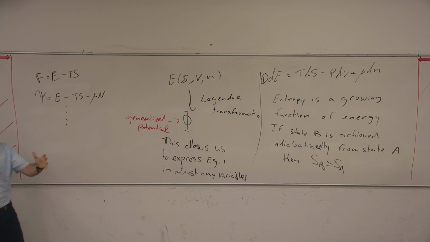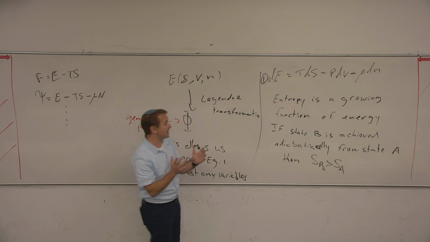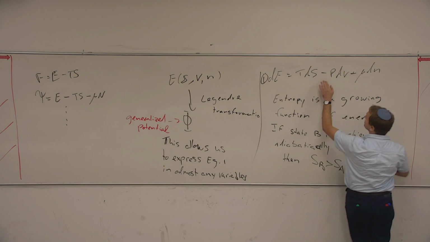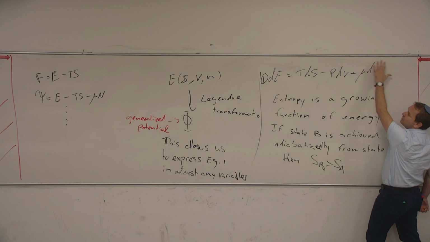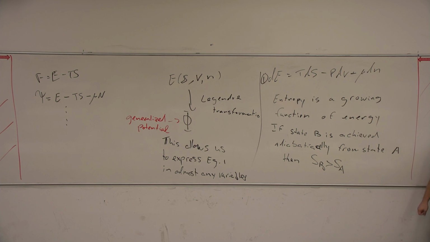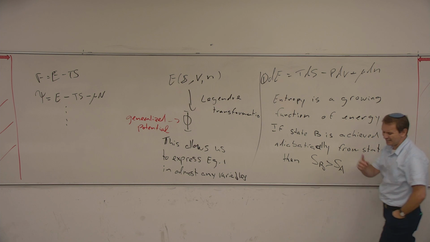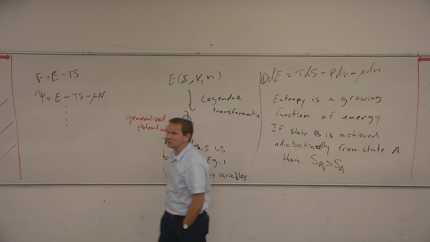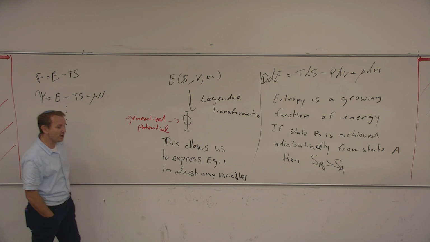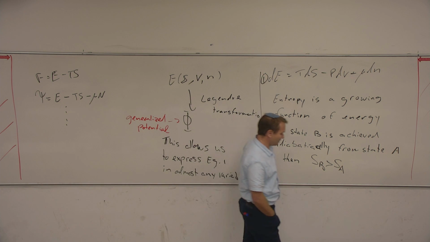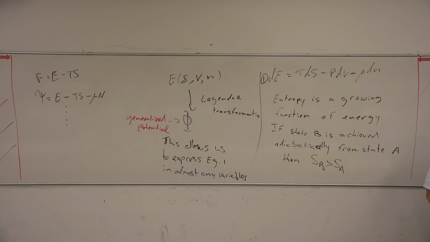I do something internally, I keep the extensive variables constant. I can keep volume constant, I can keep pressure constant. And I do something internally inside the system, and I want to know what happens, right? This is the basic question of thermodynamics.